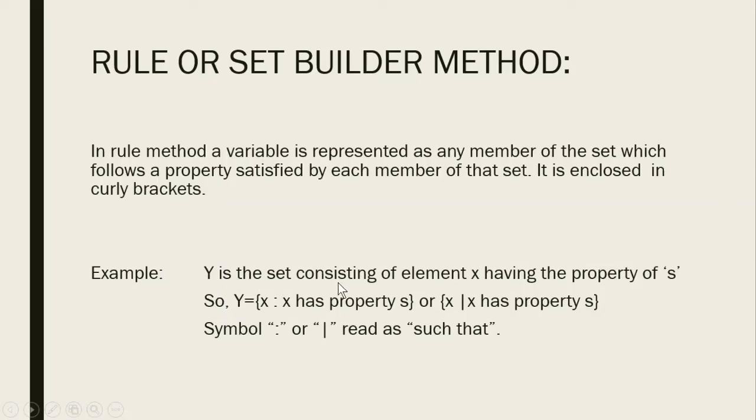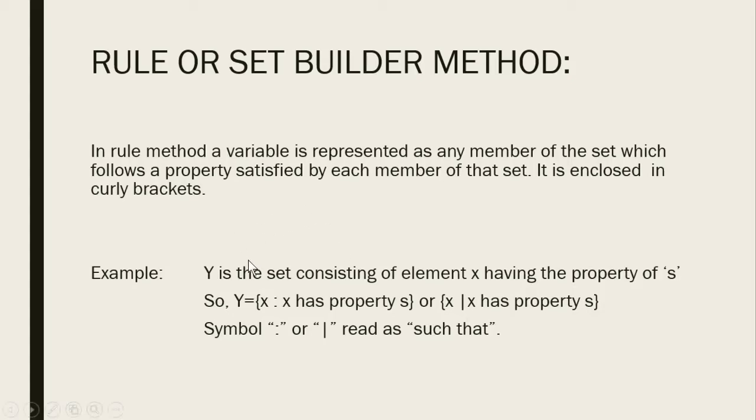Y is the set consisting of elements X having the property S. So, in rule method or set builder method, we will write it as Y is equal to X such that X has the property S. We can write the symbol colon or this bar and read it as such that. Both the symbols are used in rule or set builder method.